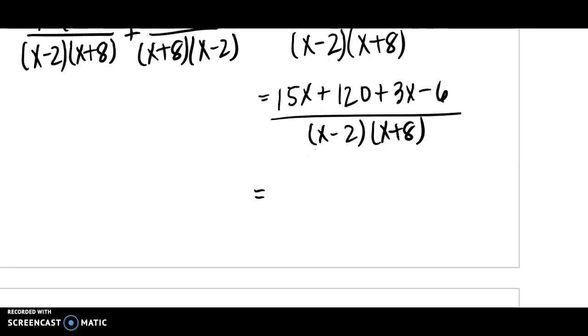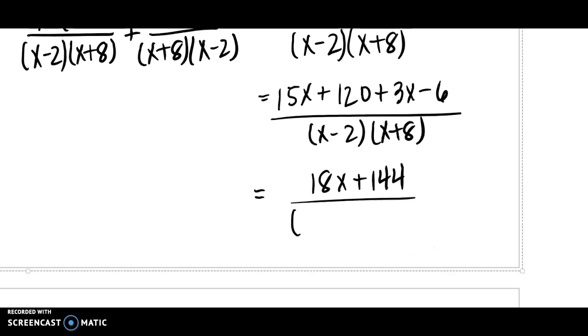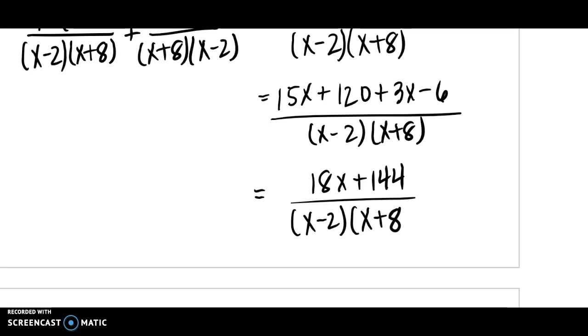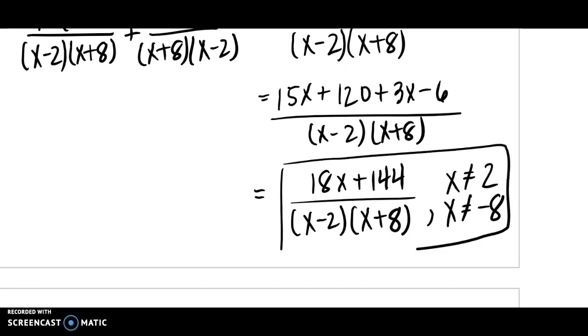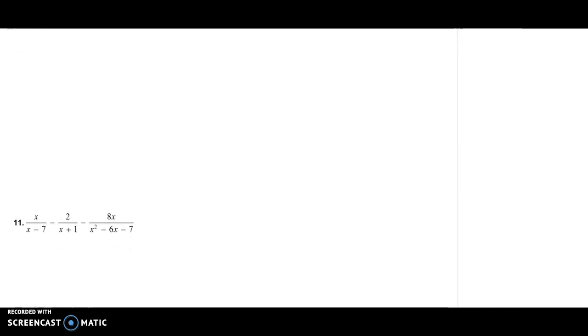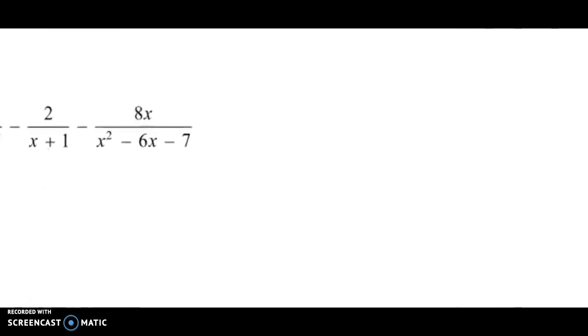We would get 18x plus 144 all over x minus 2 times x plus 8. Now remember, x cannot be positive 2, x cannot be negative 8. This is our answer. Now let's move on to number 11.